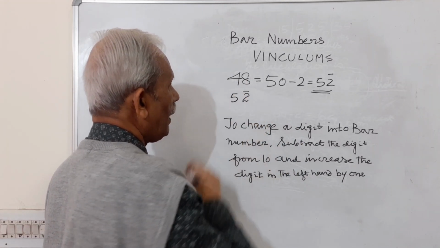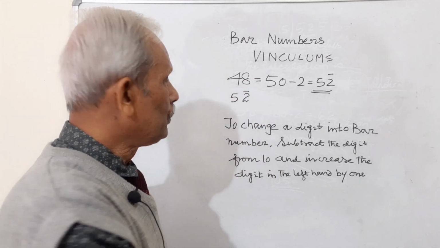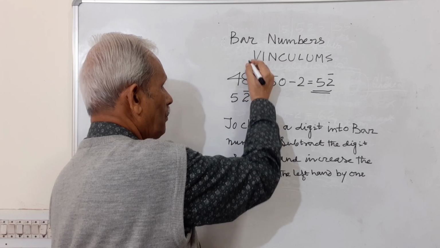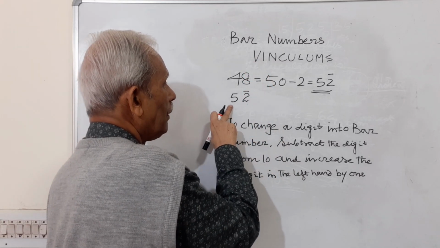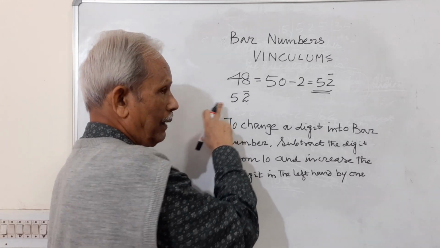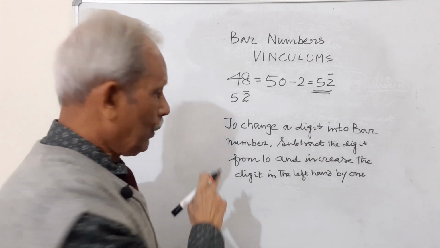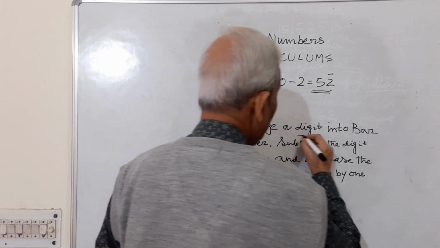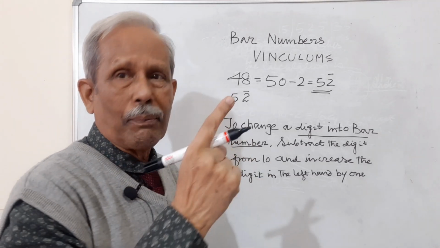And this has become bar now. 8 is converted into a bar number 2. And for that, we have subtracted 8 from 10 to make it 2, and we've increased the left hand side by 1. Right? So it has become 5, 2 bar. That's what you have done. So you should follow this while changing into bar numbers, or while making the vinculums.